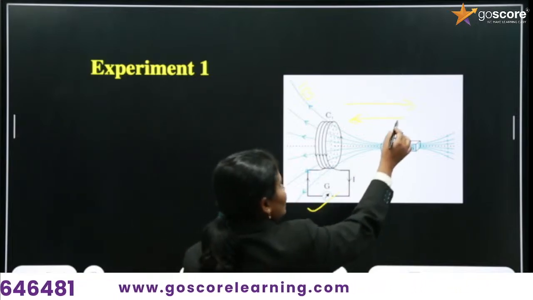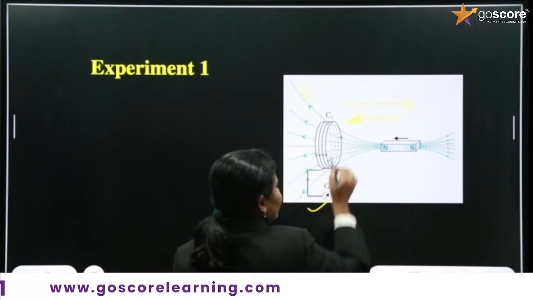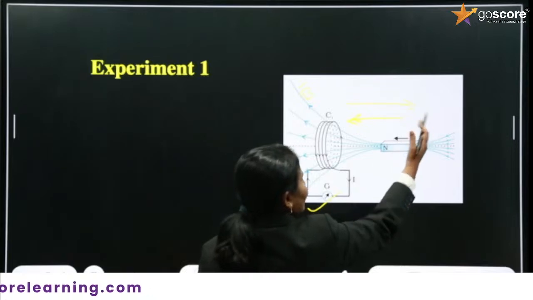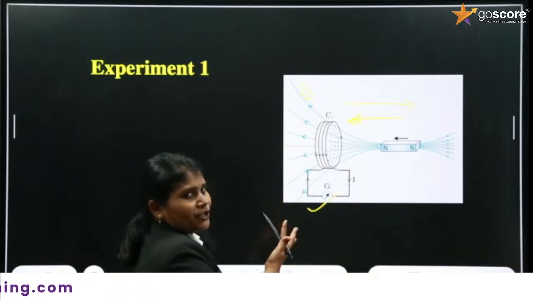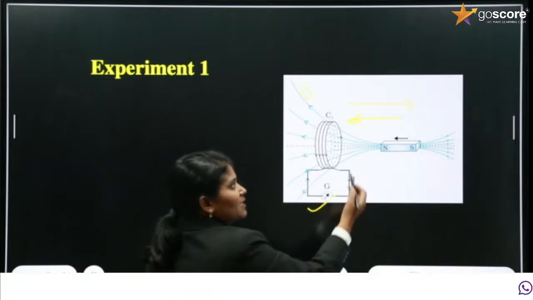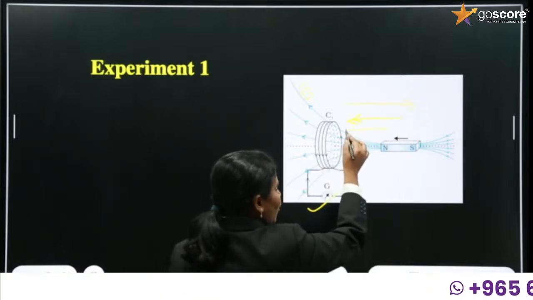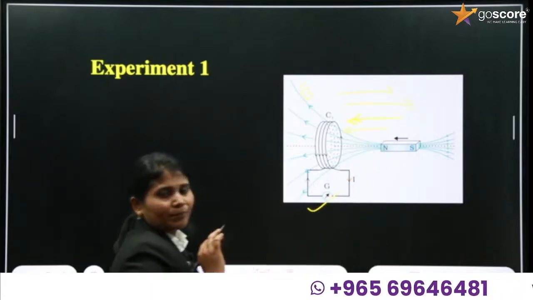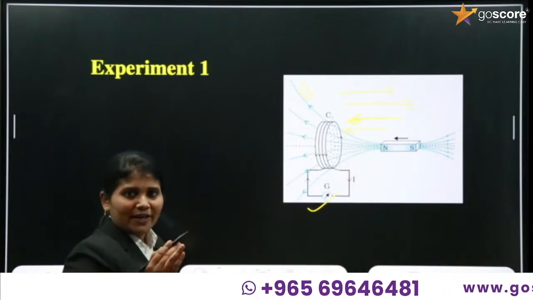When the magnet is near the coil, it deflects in one direction. When the magnet is away from the coil, it deflects in the opposite direction. It means flux is increasing or flux is decreasing, and we are getting the deflection.